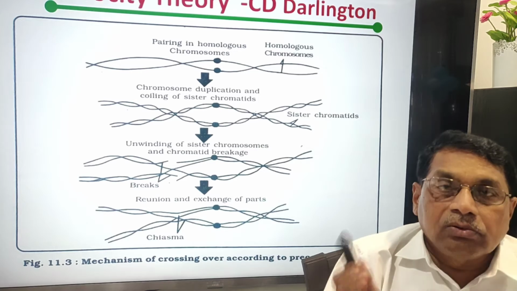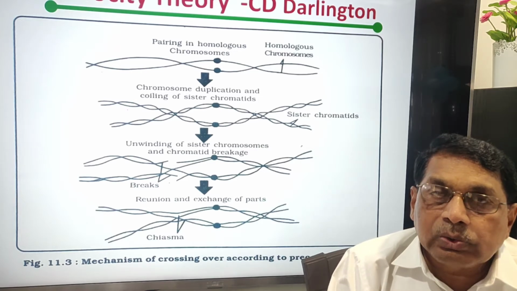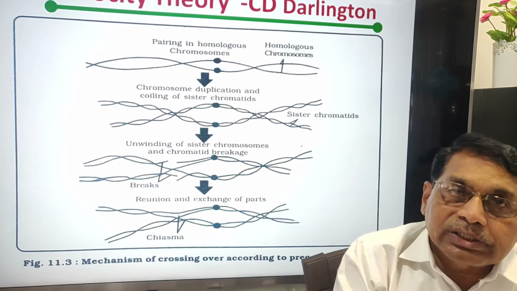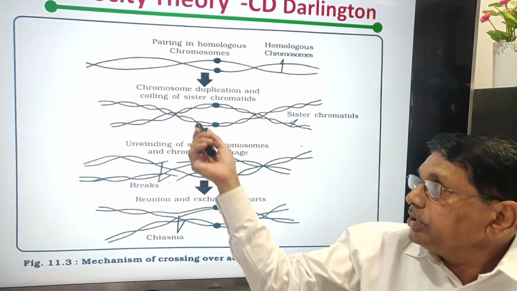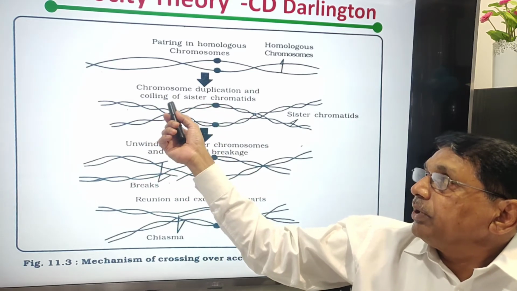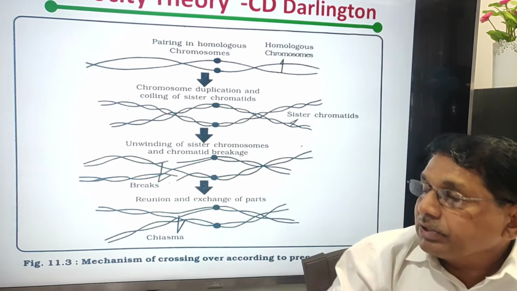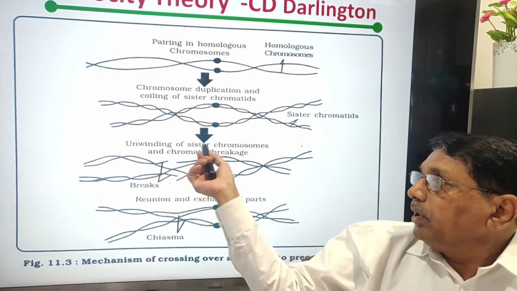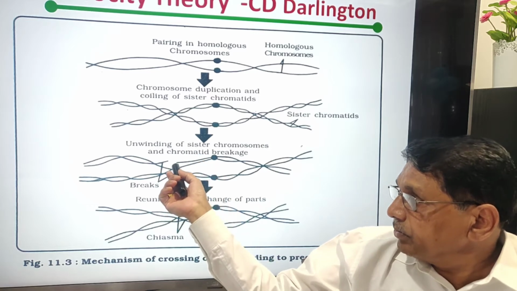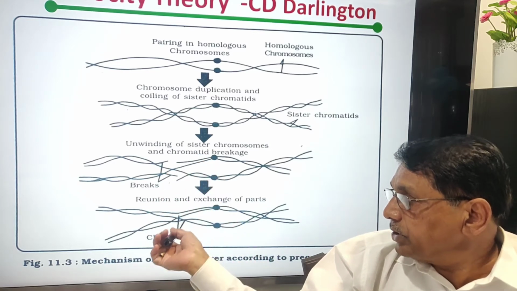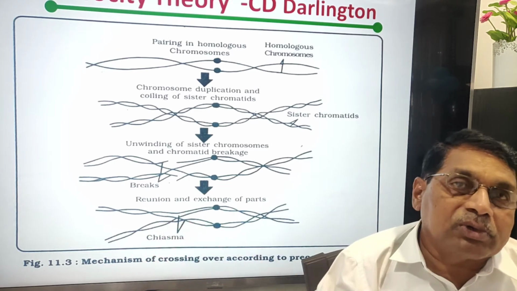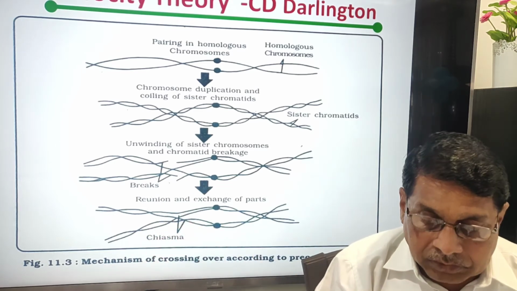What this theory says is that the two non-sister chromatids coil around each other and exchange on unwinding. Chromosome duplication and coiling of sister chromatids, unwinding of sister chromosomes, and chromatid breakage, reunion, exchange. So this exchange point is called chiasma, X-shaped structure.